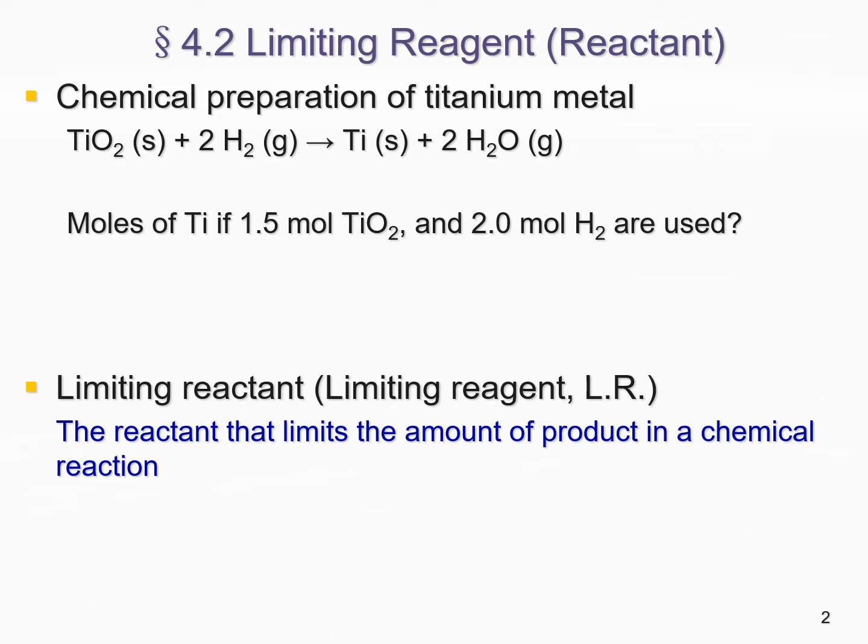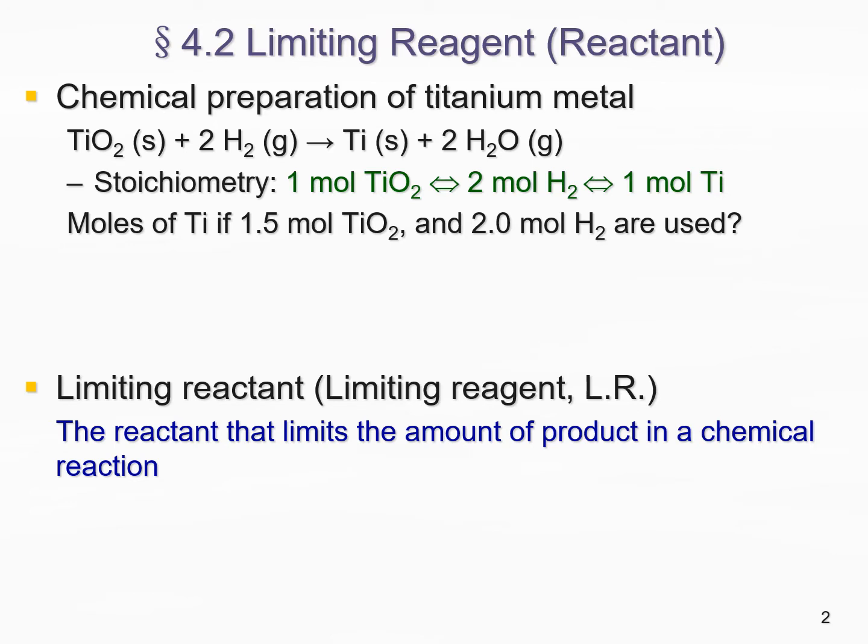As we check this equation, we realize it is balanced. From a balanced chemical equation, we can see the stoichiometry of this reaction is 1 mole of titanium(IV) oxide equals 2 moles of H2, also equals 1 mole of titanium. Now, remember, we have 1.5 moles of titanium(IV) oxide and 2 moles of hydrogen.